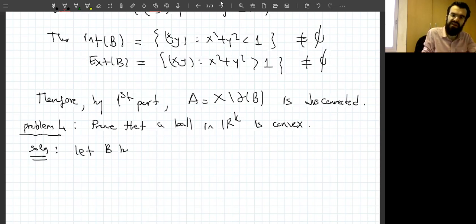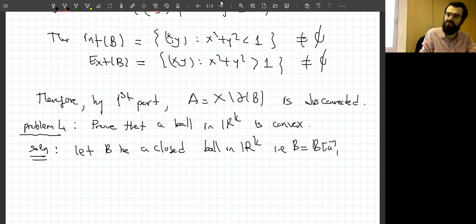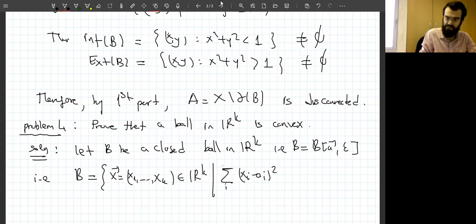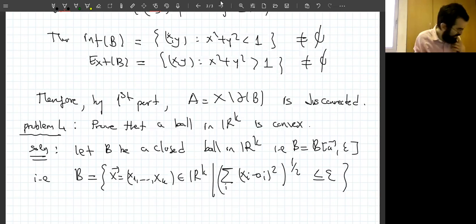Let B be a closed ball in here. B is this set, of x in here satisfying this inequality, the distance less than or equal to epsilon, as it is a closed ball.